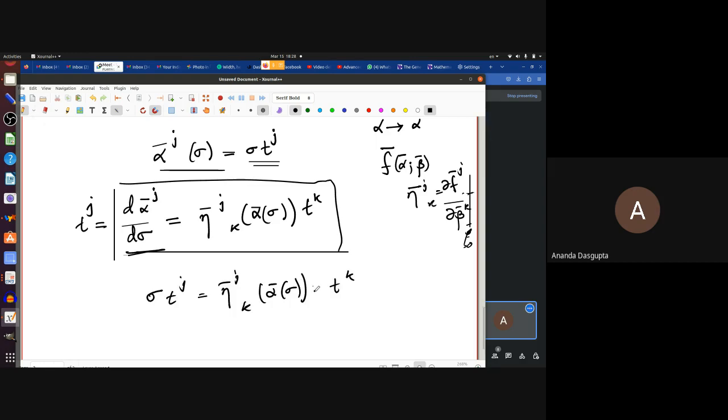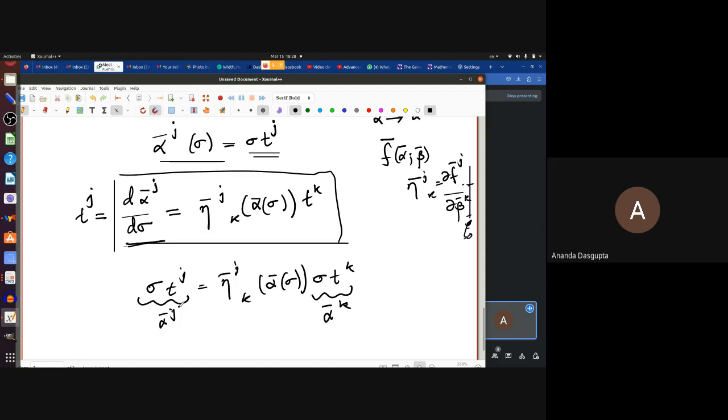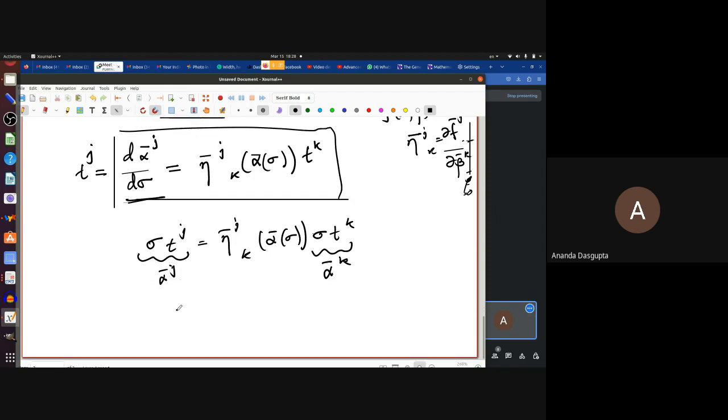So what is alpha bar J of sigma? This may not look very simple right now because there are too many bars and indices.